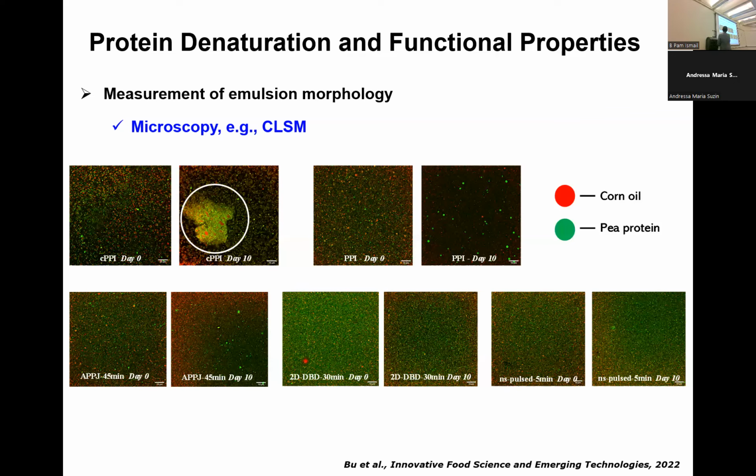After 10 days, with the commercial PPI-produced emulsion, we see aggregation of the protein and larger oil droplets forming over time. Whereas the plasma-treated samples stayed more or less the same over time. We had better stability of the emulsion over time.